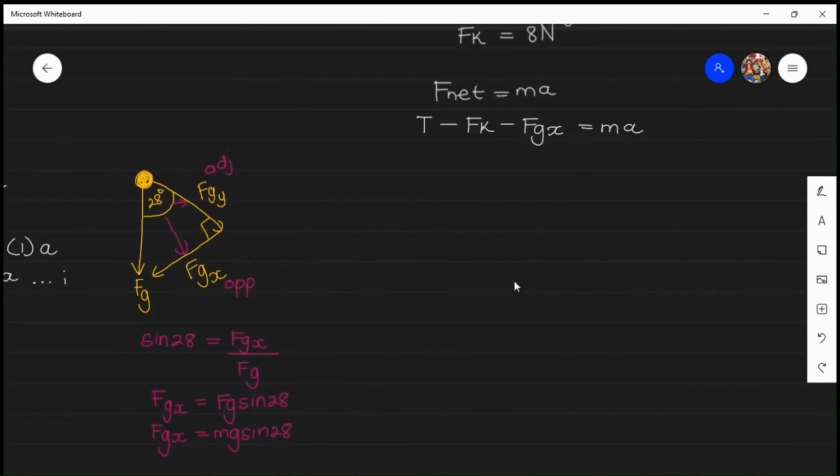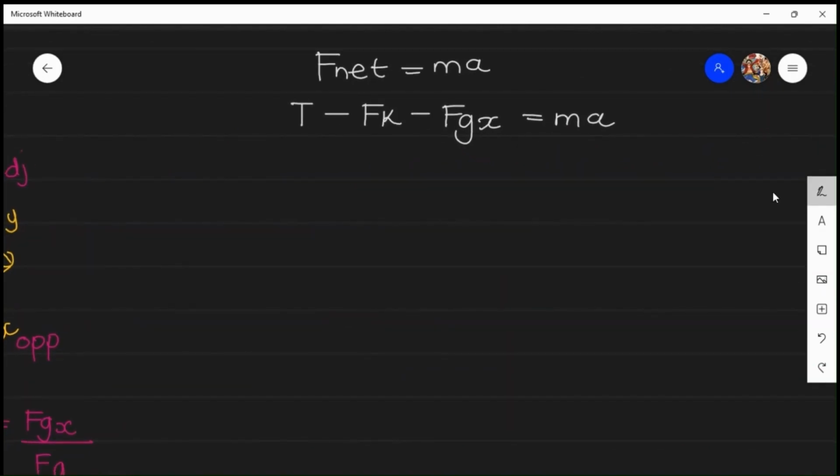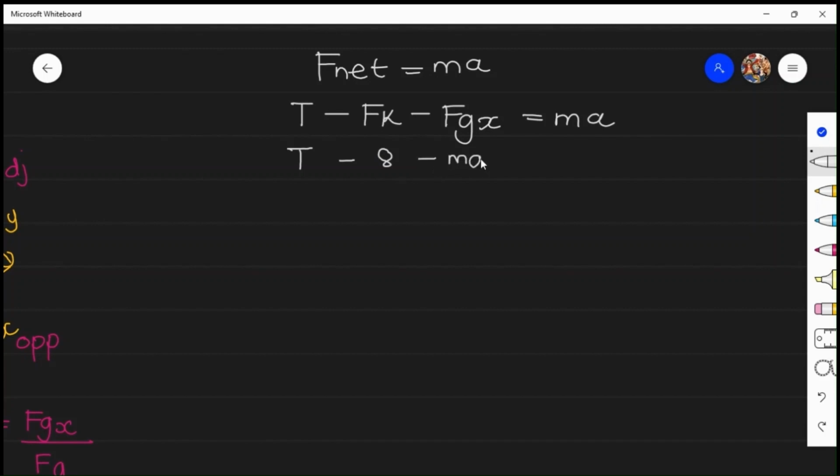So let us start with that. So we have tension that remains unknown. We have kinetic frictional force, for the 2 kg block, that was given as 8 newtons, minus mass times gravitational acceleration times sine of 28. We can then substitute our mass of 2 kgs times acceleration, which is unknown.